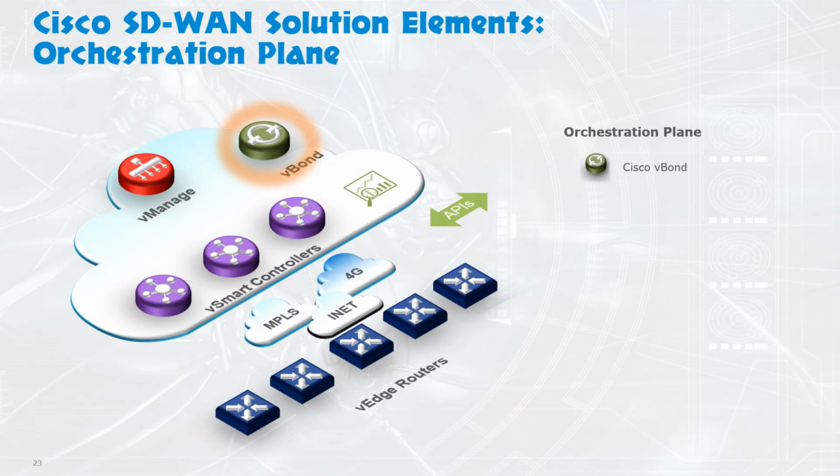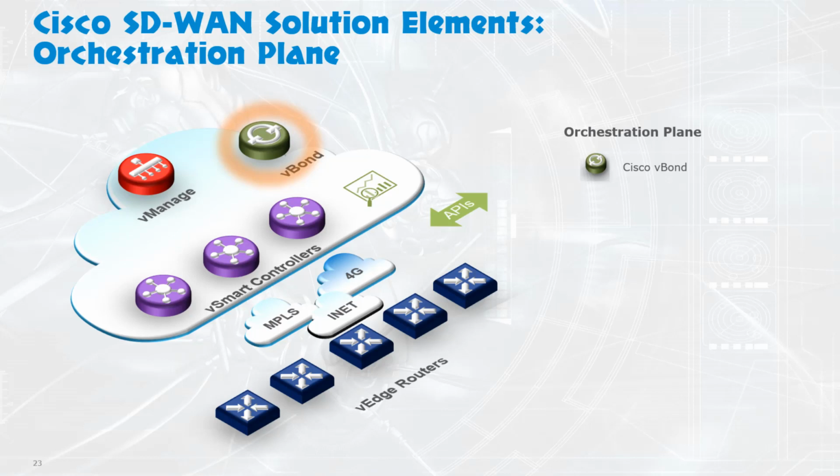The vBond orchestrator is the initial place where we make contact when first setting up and connecting to the SD-WAN cloud. vBond orchestrator automatically coordinates the initial bring up of vSmart controllers and vEdge routers. It facilitates connections between vSmart controllers and vEdge routers.